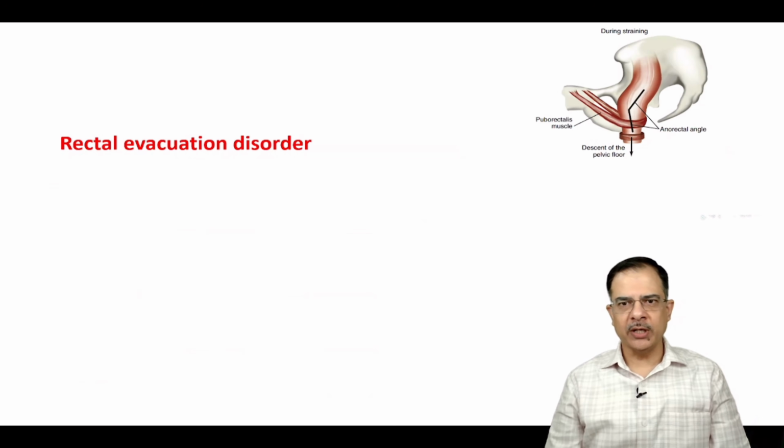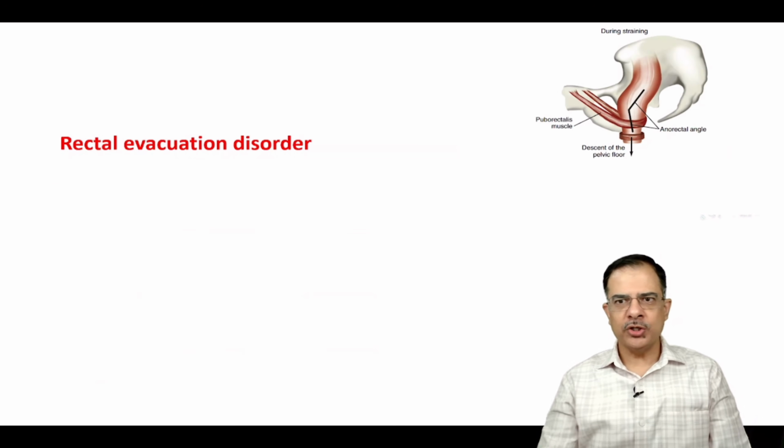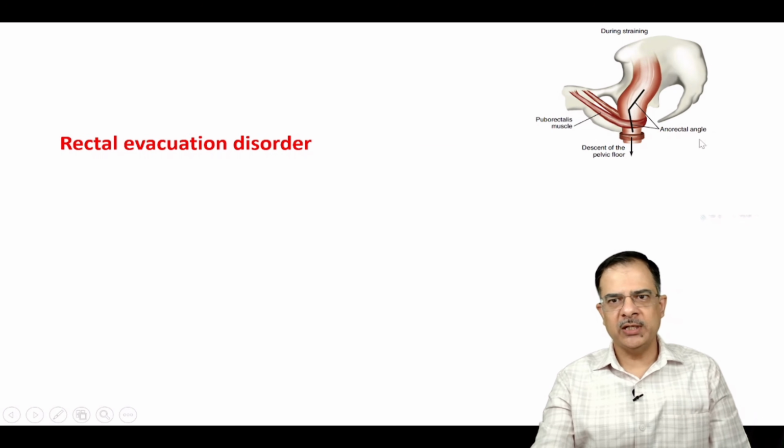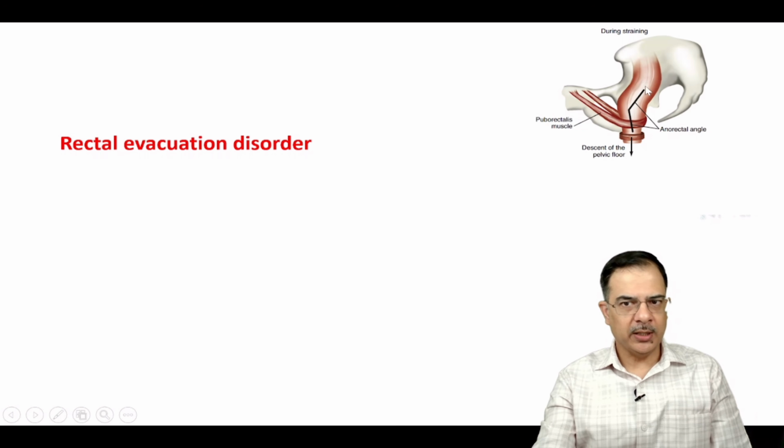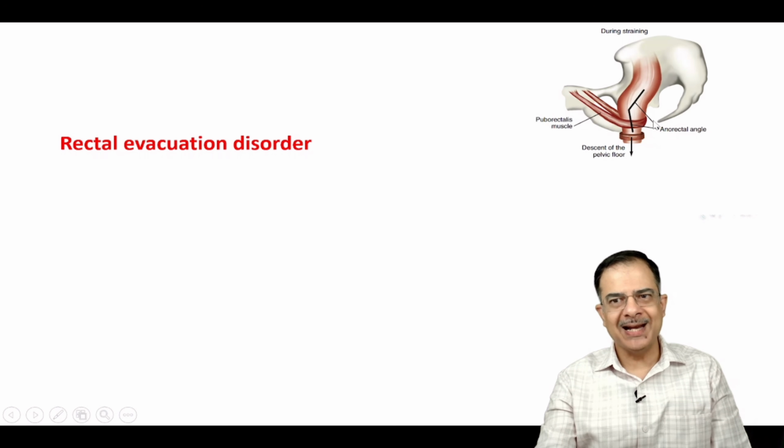Rectal evacuation disorder. We have to understand the normal mechanism of evacuation. Once the stool comes into the rectum, the anorectal angle should get straightened so that stool is passed normally, and the puborectalis muscle should relax.